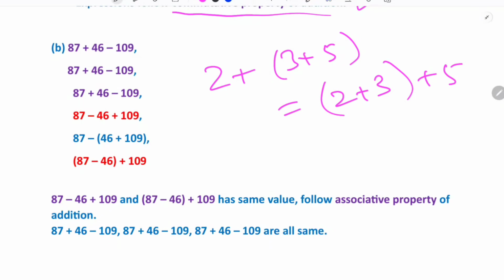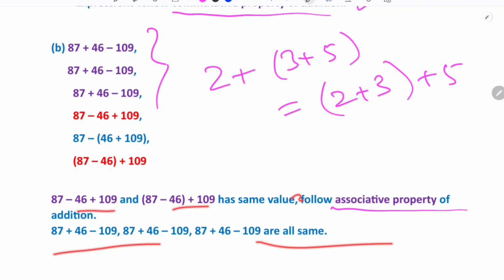This is the associative property that has been followed here. Just regroup. So 87, what about this red color? If you see 87 minus 46 plus 109, 87 minus 46 in one group plus 109, these two are same, associative property. Here all these three of course are same, no change in that. So these are same.